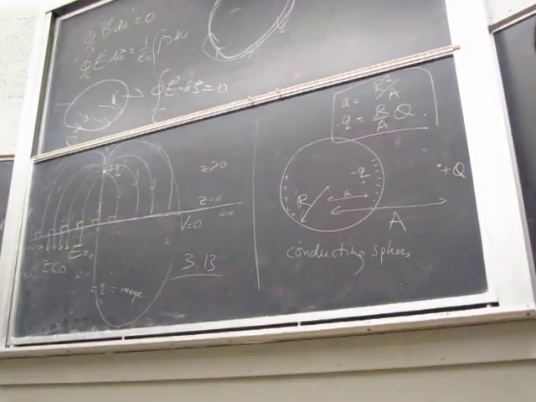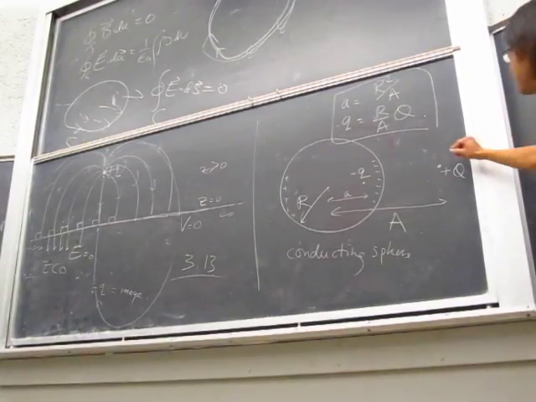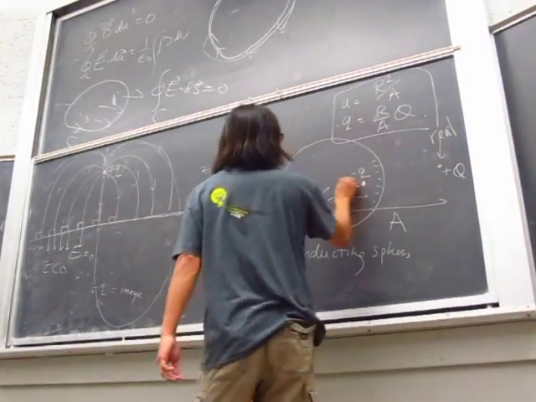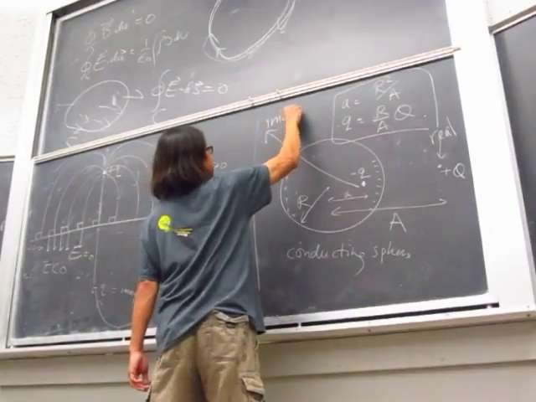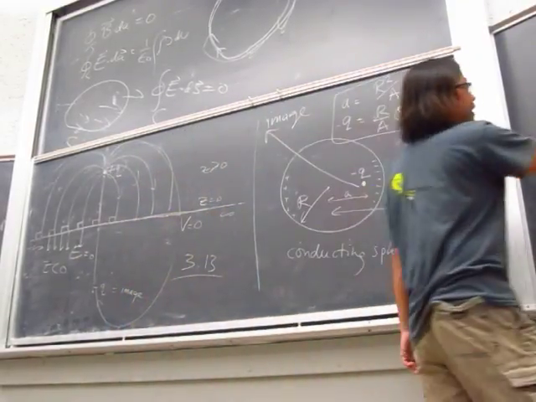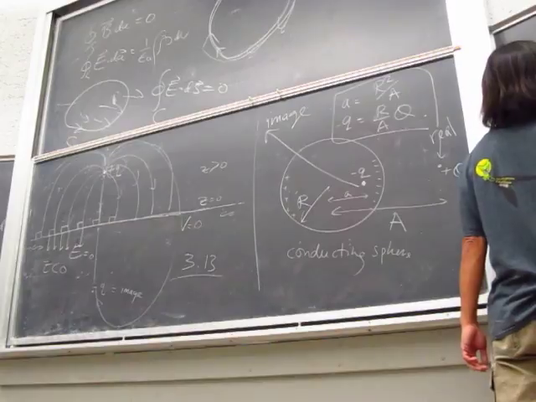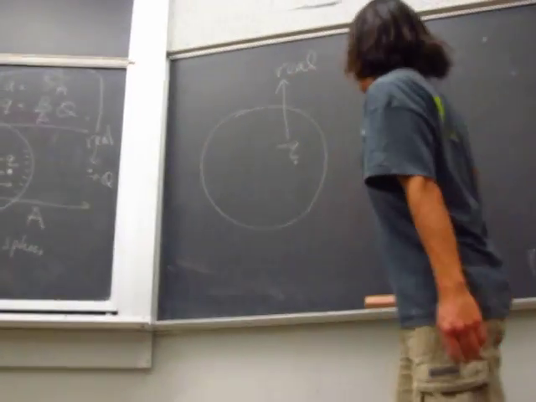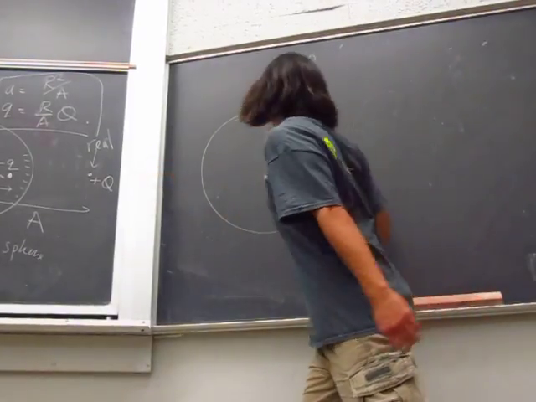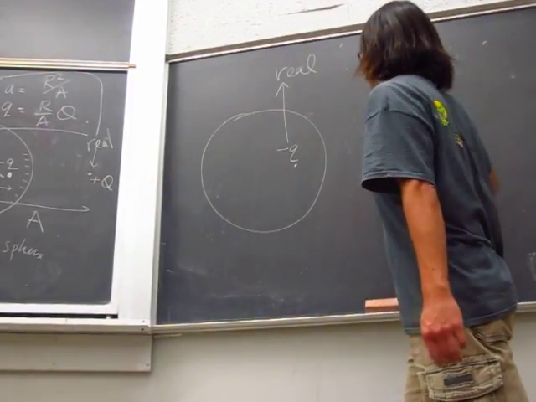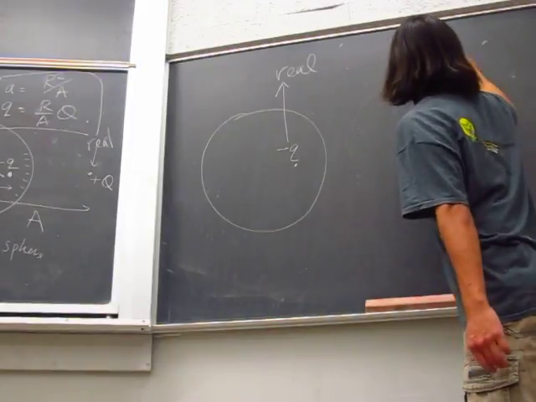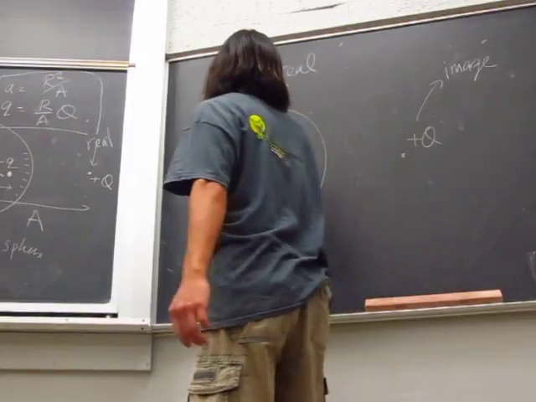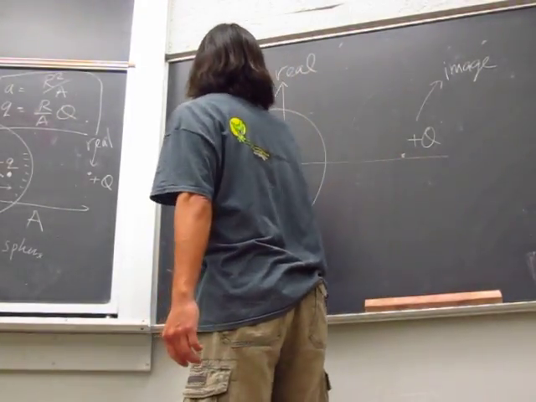If I have a conducting sphere, this is the real charge, by the way. This is real. This is the image. But if I have a situation where this minus q is real, then the image is exactly that plus q here. This is real, this is the image. Then I have the same relationship. This is the center of the sphere.